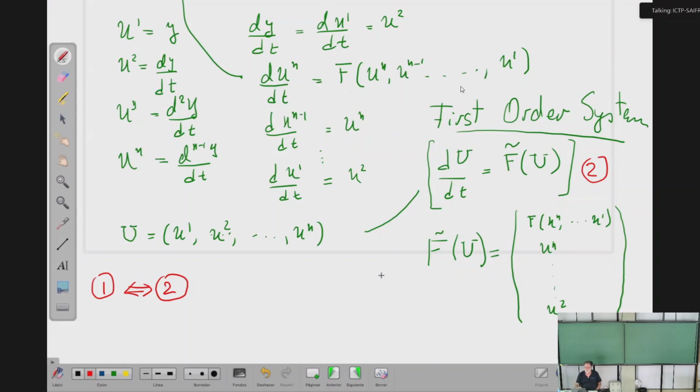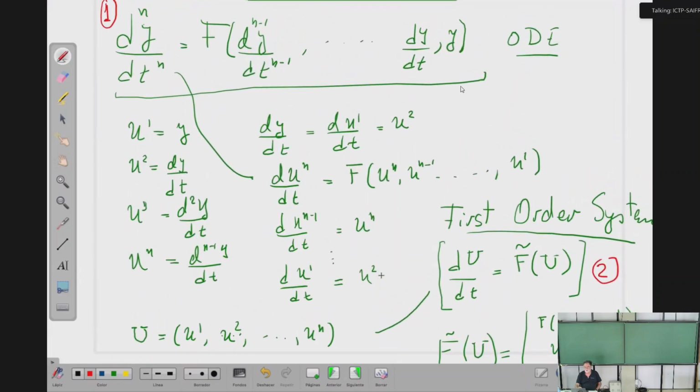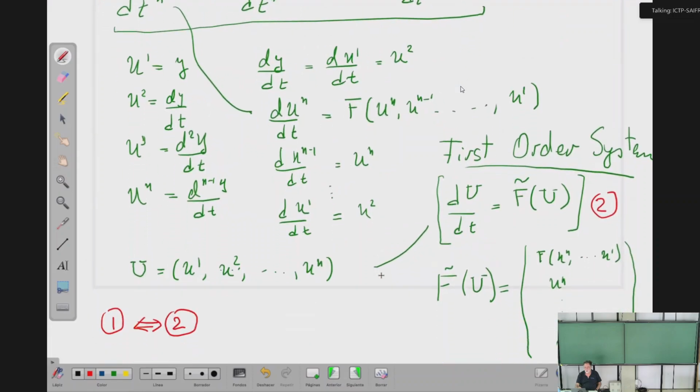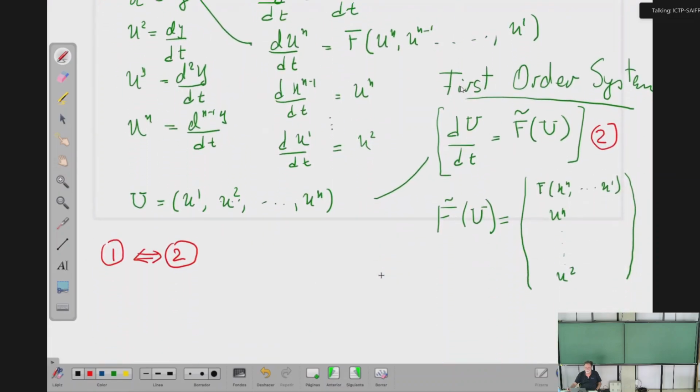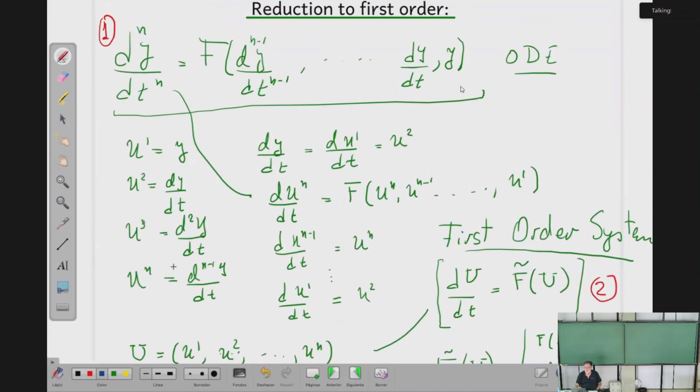This is more or less clear, but let me go. Suppose you have a solution of system 1, so you have a y of t. If you put it inside here, you get a solution to the equation 1.